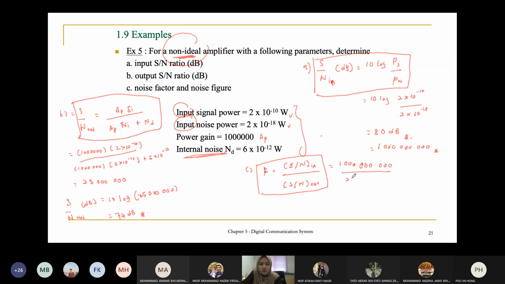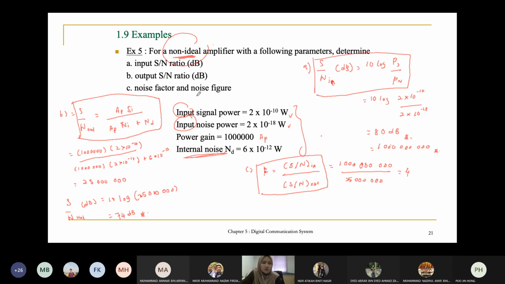So you will get the noise factor is equals to 4, absolute value.